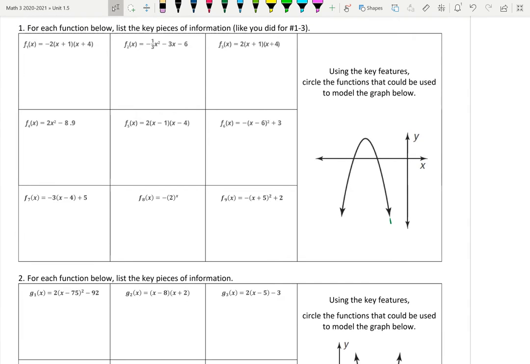Okay, for number one, basically we have to look at these graphs and see, can they match the equation? So when I'm looking at this first one, -2, -1/3, I'm analyzing all of my a values. And in order to save some time, I'm going to see concave up or concave down. This is totally concave down.